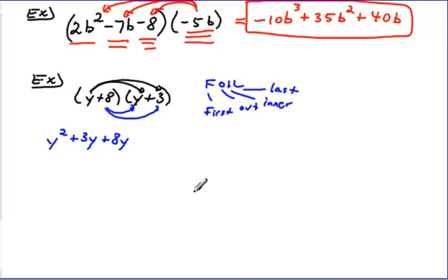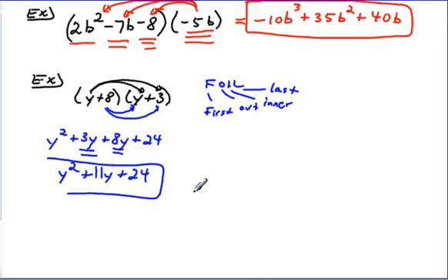Last, so the last 2 in each set of parentheses, and 8 times a 3 gives me 24. Okay. And I have like terms, right? 8 plus 3, sorry, we can do the addition here. 11y. Look at that. Was that hard?